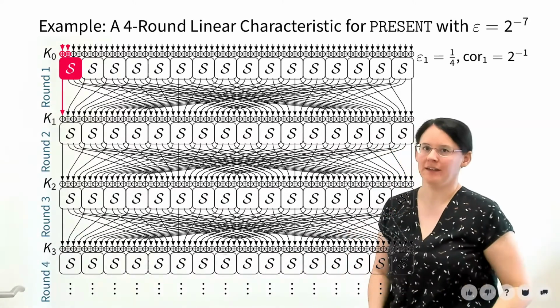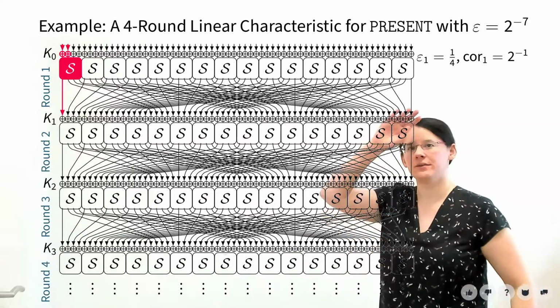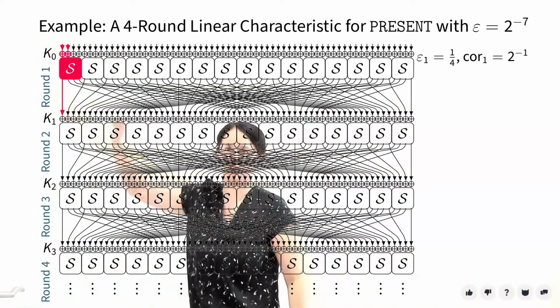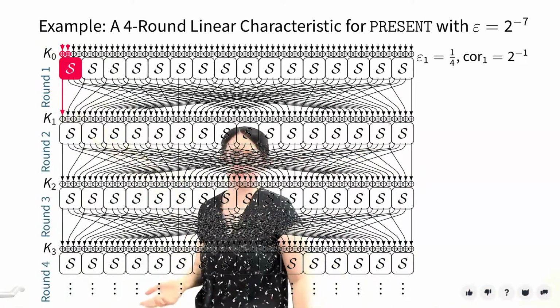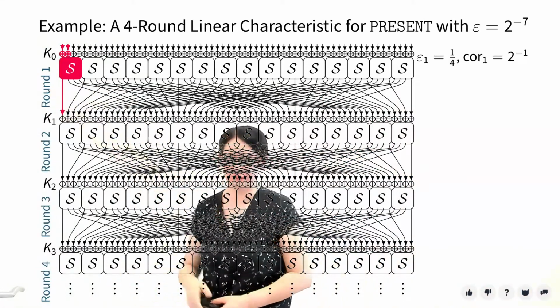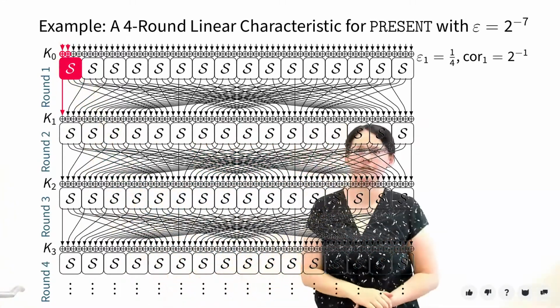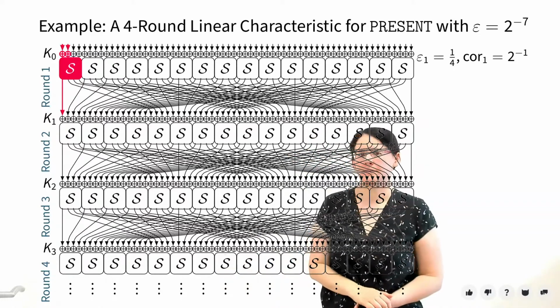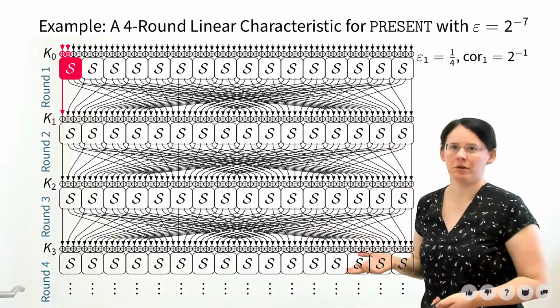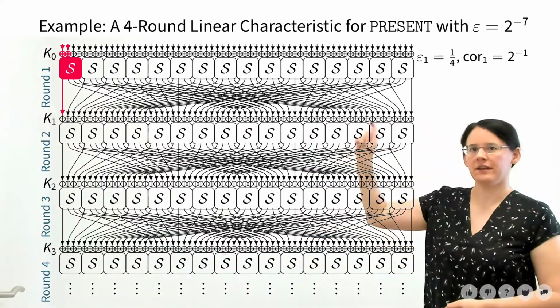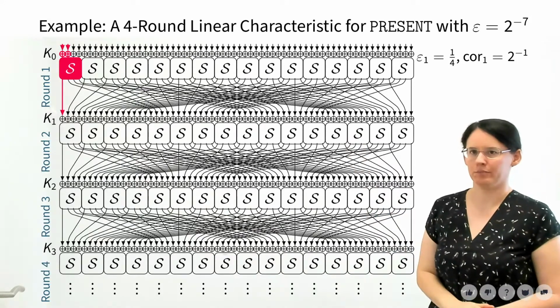So this is fine. We can't use this 0 to 0 for all values because then we wouldn't learn anything about any input bits, so we need at least some bits active here. But it's okay to have just one Sbox. This also has the nice property, which is why I chose it, that it only has one active output bit.